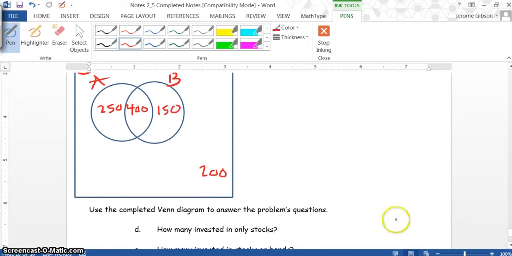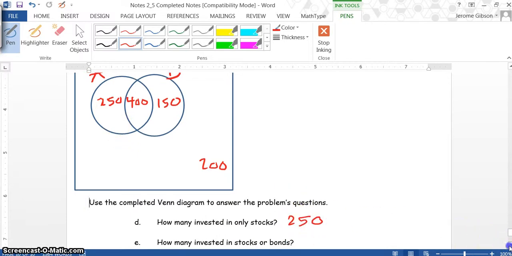So now we go down here to the bottom. It says use the completed Venn diagram to answer the problem's questions. How many invested in only stocks? We know A is stocks, and 250 is the ones that only invested in stocks. Now it says here, how many invested in stocks or bonds? So if we look here, stocks or bonds, that includes all of this.